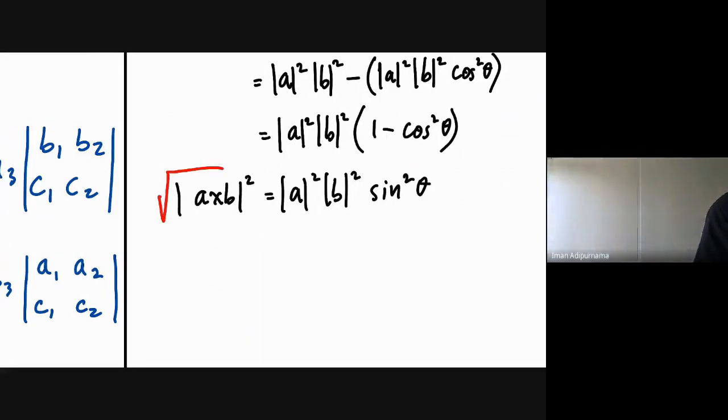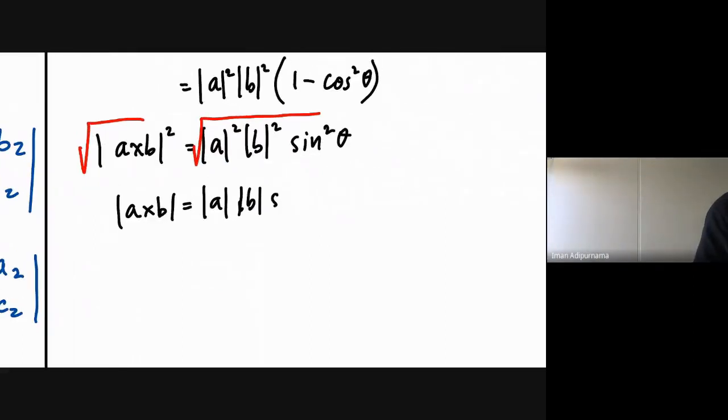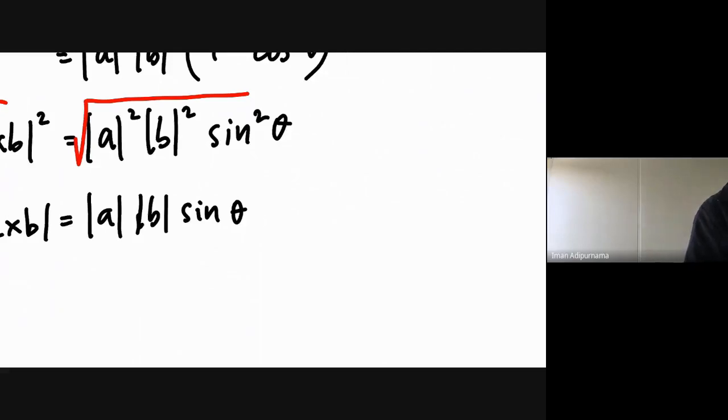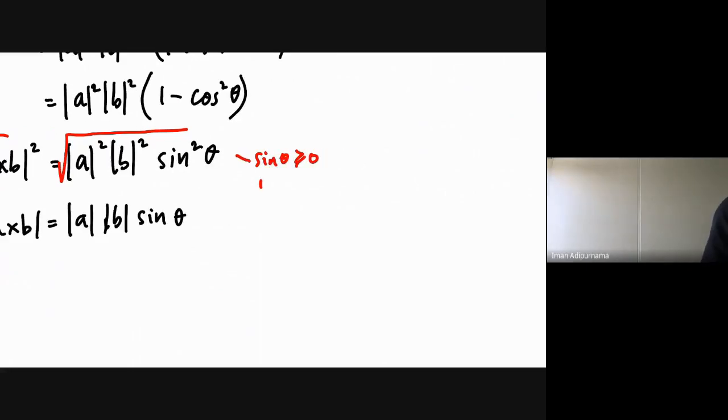And we can square root all this. So we get the result in our theorem with sine. And we are choosing sine theta to be positive because sine theta is positive when theta is between 0 and pi.